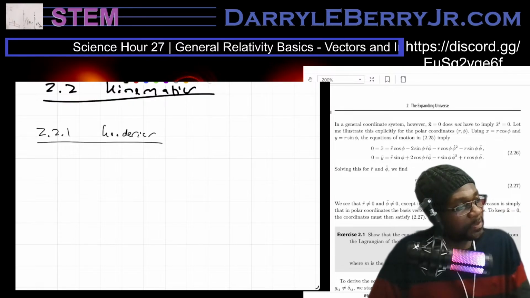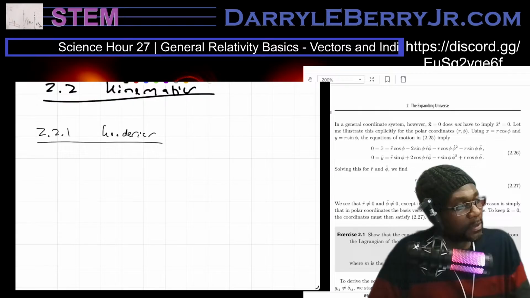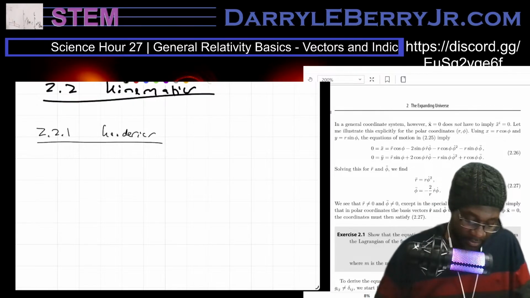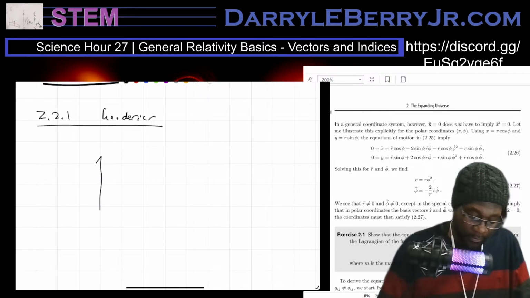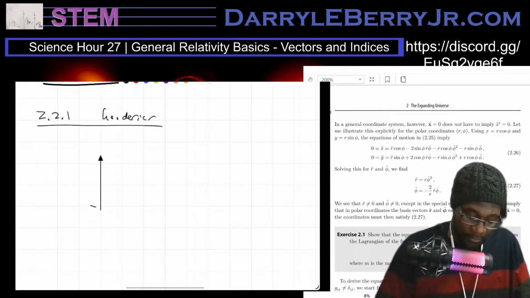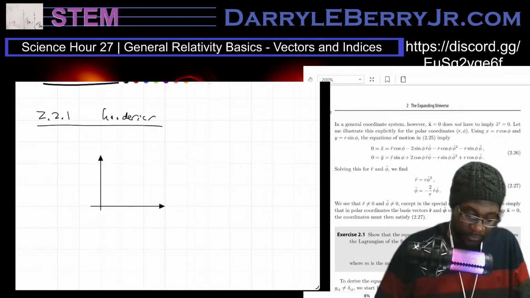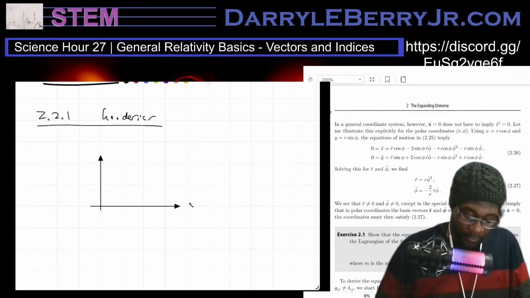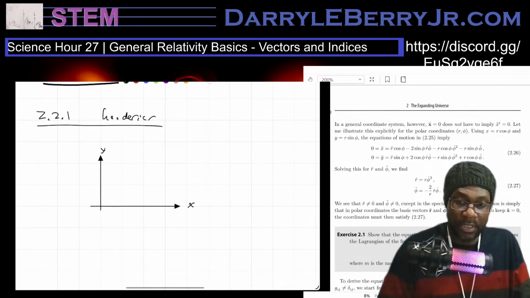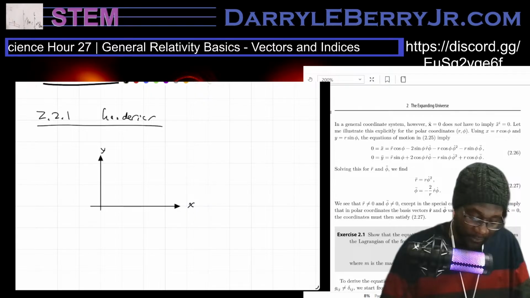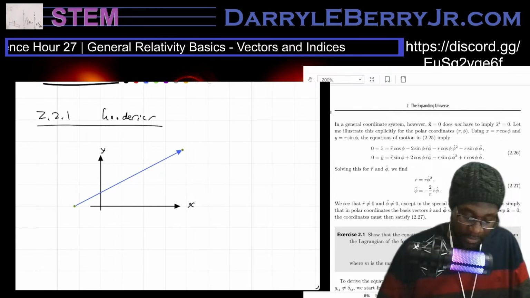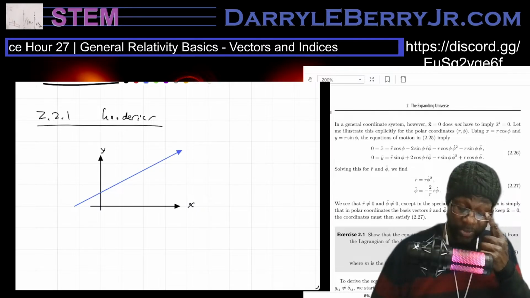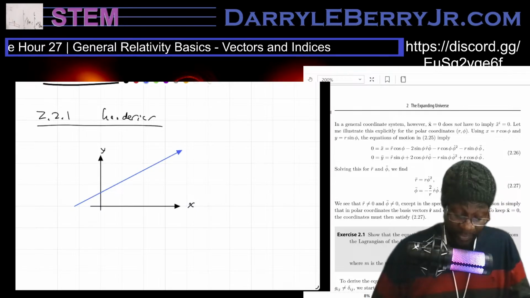But I do remember the professor mentioning this. The example he gave is if we have a coordinate system that's Cartesian, and a straight line, but the line is rendered in polar coordinates.